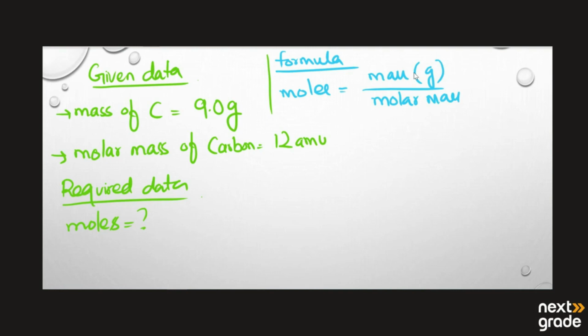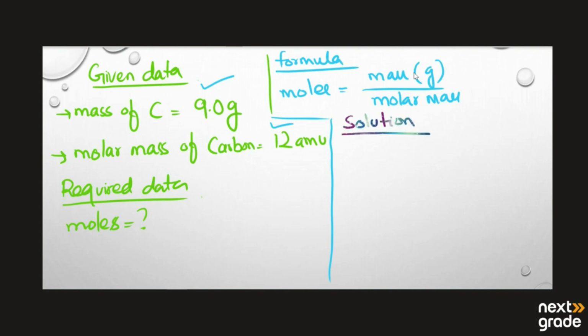First we check whether we have the molar mass and the mass. We have both, so just by putting in the values we can easily find it.